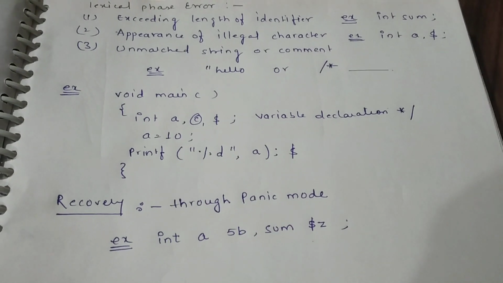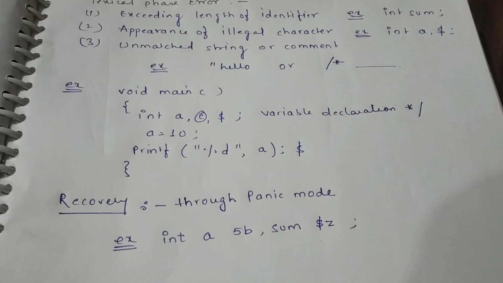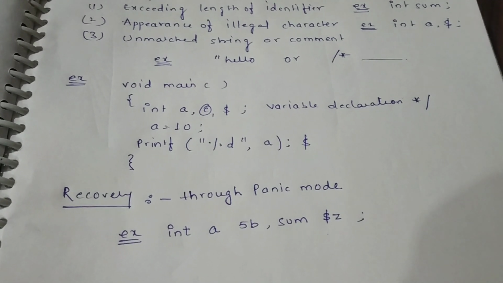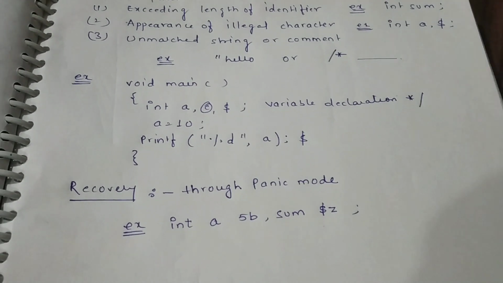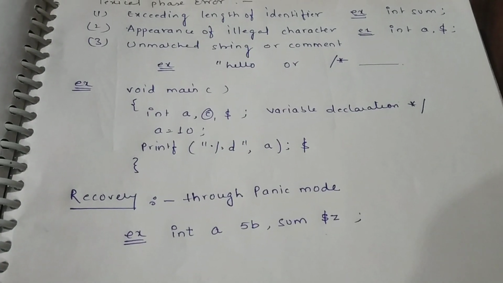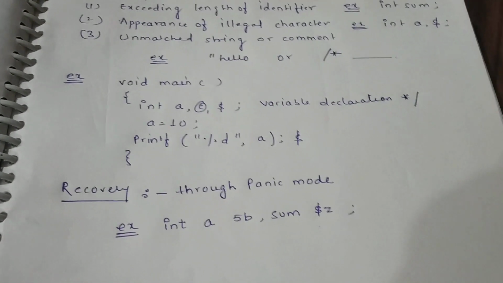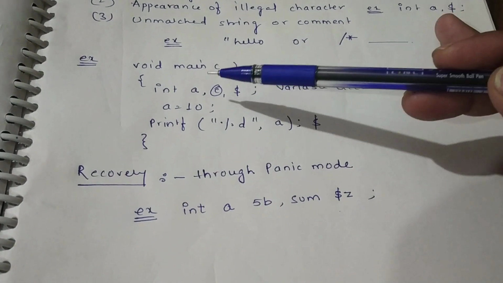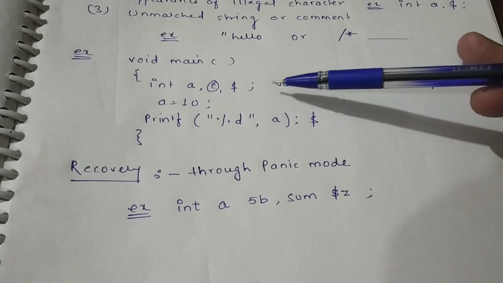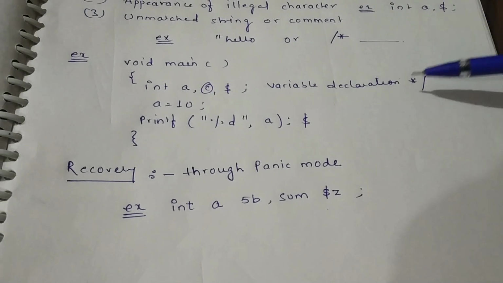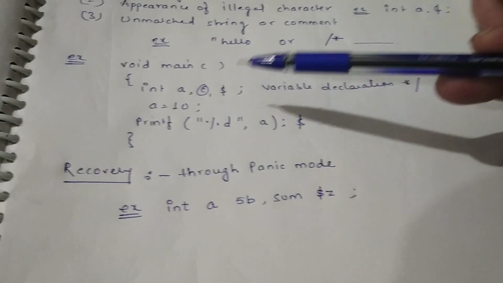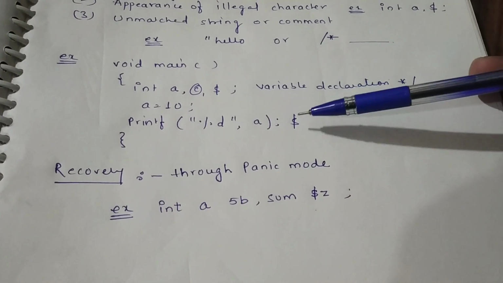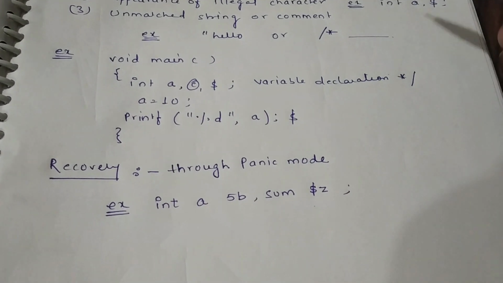Suppose we declared the variable integer a comma dollar. So the dollar symbol for C language is an illegal character and it is not allowed in C language. So we can understand it by using a C program. Suppose we write a program void main, integer a, copyright symbol, dollar, semicolon, and we use a comment here, variable declaration, a is equal to 10, printf percentage d comma a semicolon dollar.